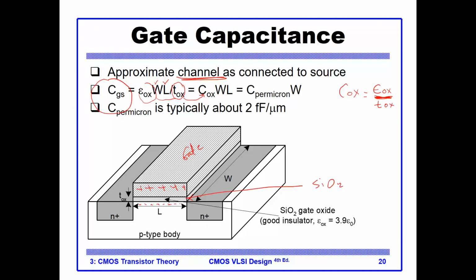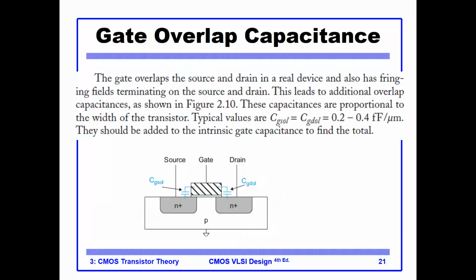All right. Let's take a look at the overlap capacitance. The overlap refers to the fact that the source and drain extend underneath the gate for a small distance, so there is a capacitance here between the gate and the N plus, and the N plus can be the source or the drain.